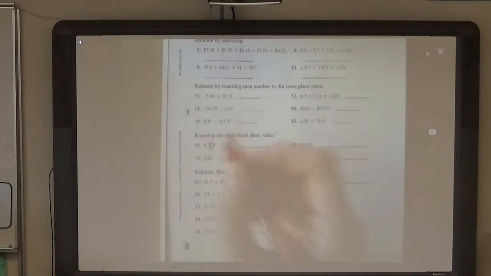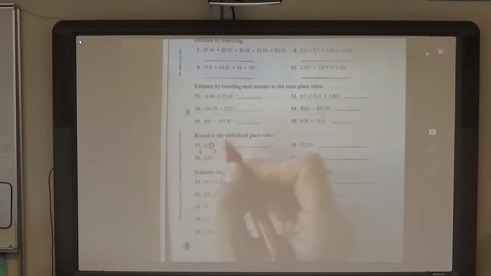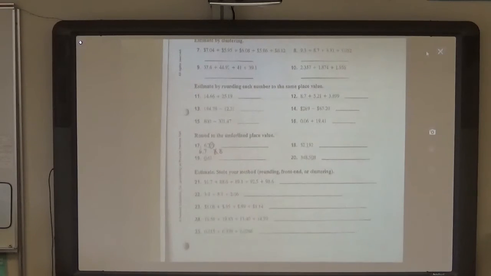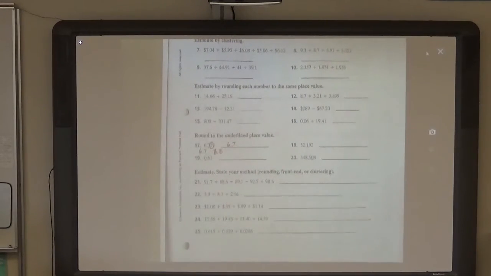Yeah, exactly. It's a lot like thinking about what number this is between. It's between 6 and 7. But in this case, it's between 6.7 and 6.8, because that's the indicated place. 6.7 is the number that it's closer to.